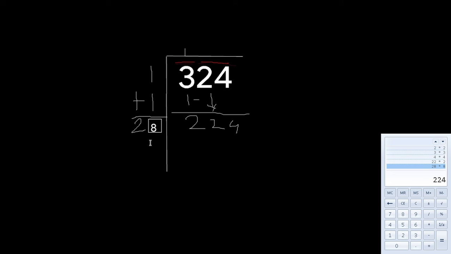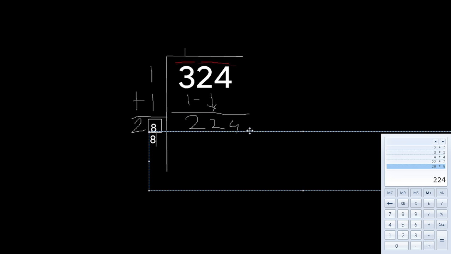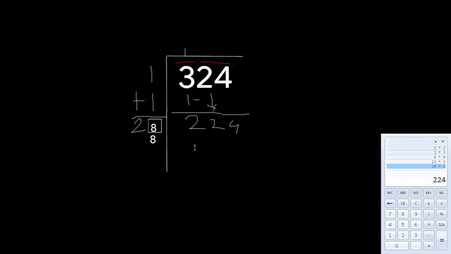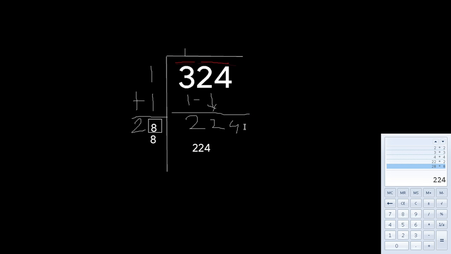You add 28 plus 8, and here you write 224 because we have got the number. When you subtract, you get 0. So this is 28. As we have got the result, you have to put this 8 here also.